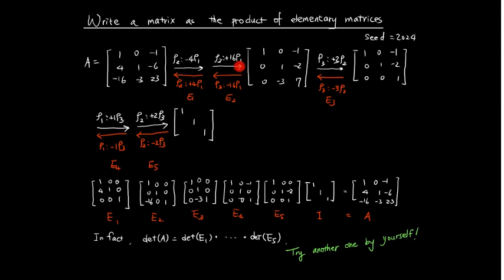I do that together in order to kill this 4 and minus 16 and get 0 and 0. So now I have this matrix. I want to go further to kill this one. I do some more row operations to kill these two and get to the identity matrix.